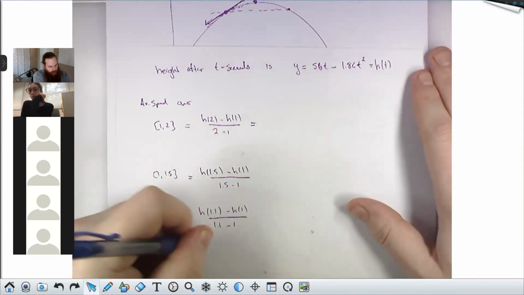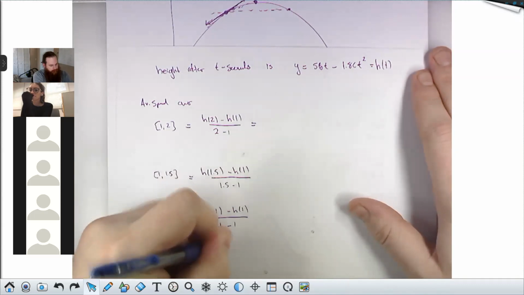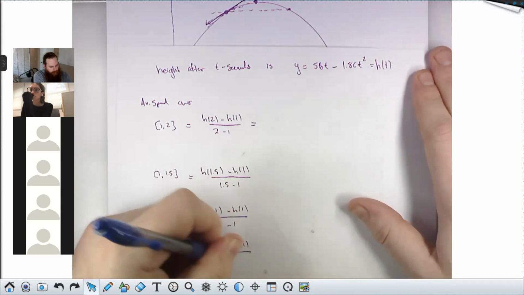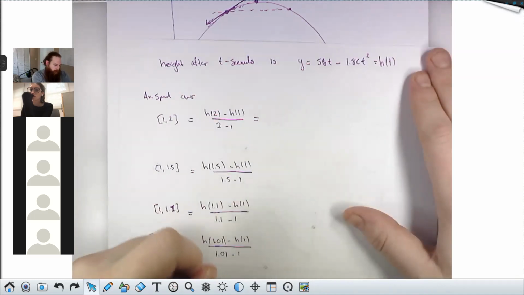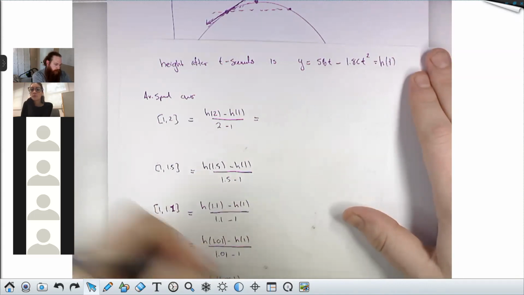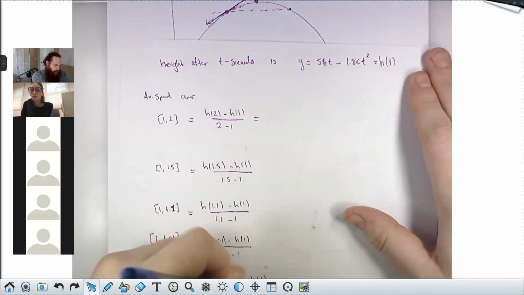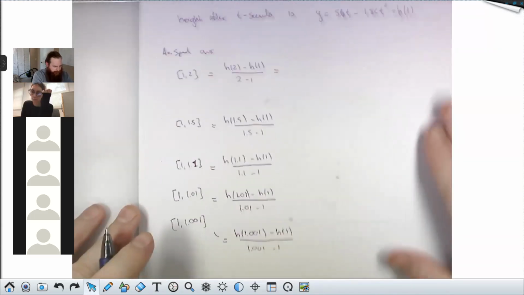This would be h of 1.01 minus h of 1 over 1.01 minus 1. And this last guy here would be equal to h of 1.001 minus h of 1 over 1.001 minus 1. I'm limited in time here.